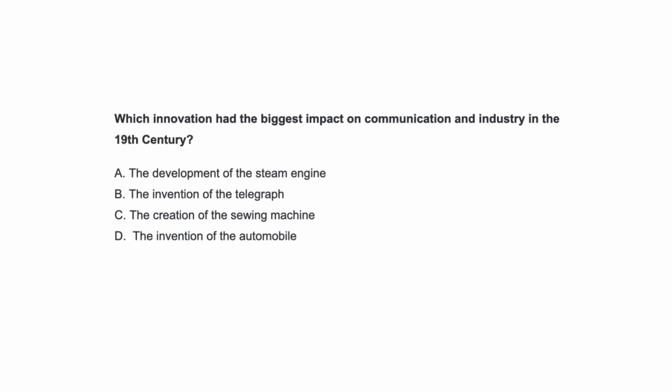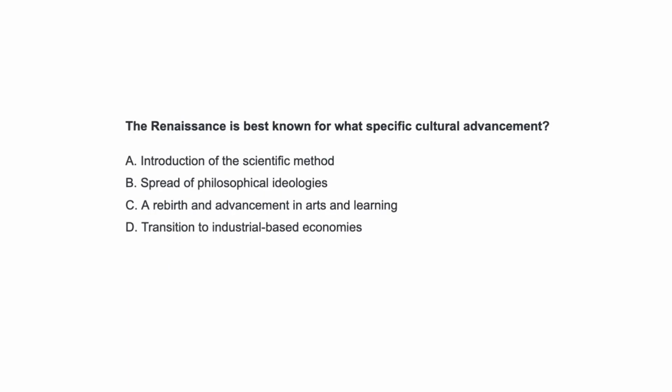Which innovation had the biggest impact on communication and industry in the 19th century? Correct response? Letter B. The invention of the telegraph. The Renaissance is best known for what specific cultural advancement?